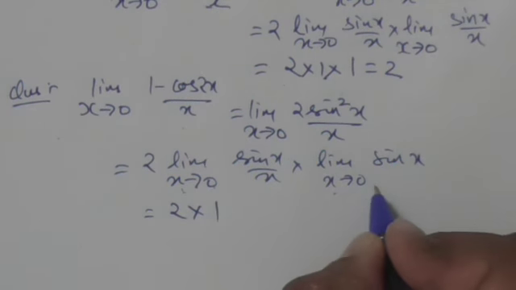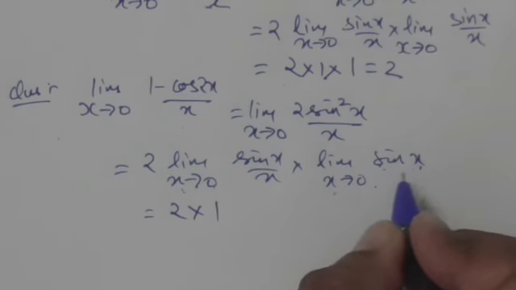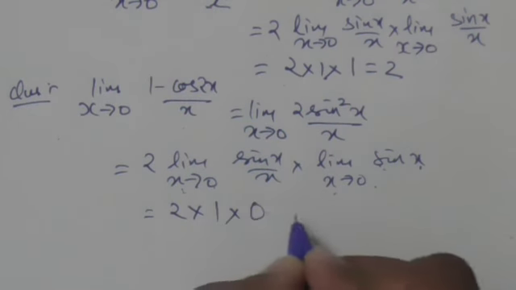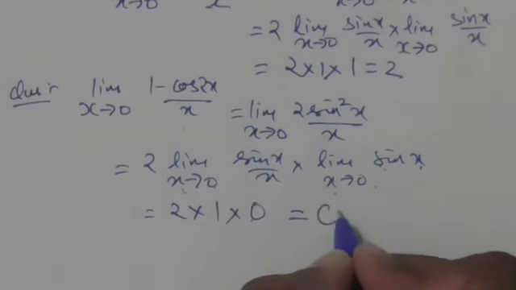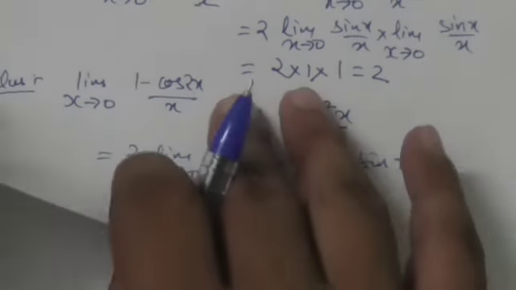But limit x tends to 0 sin x will be equal to sin 0, and sin 0 is 0. So 2 into 1 into 0 is 0. So the answer is 0. Now let us solve another question.